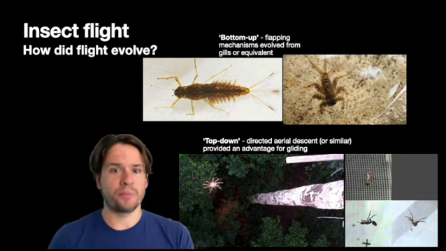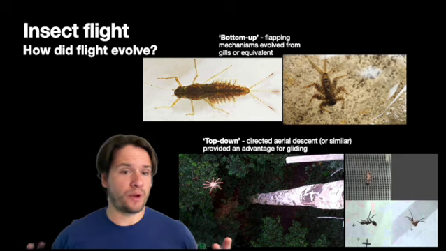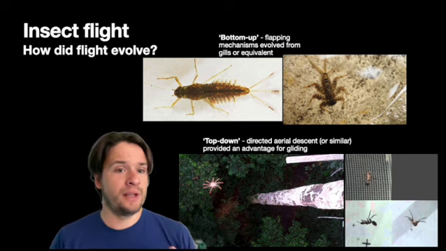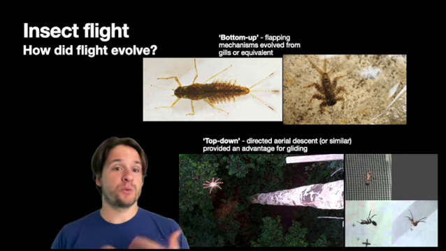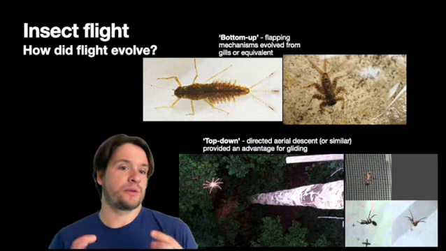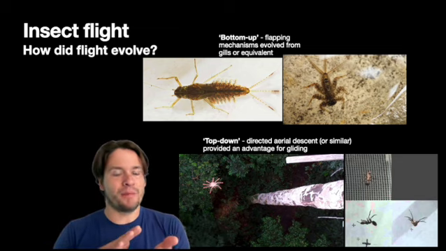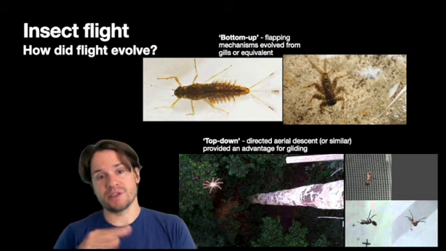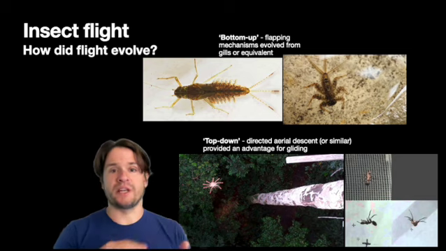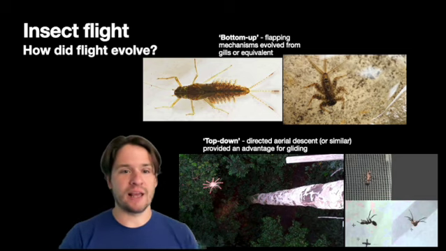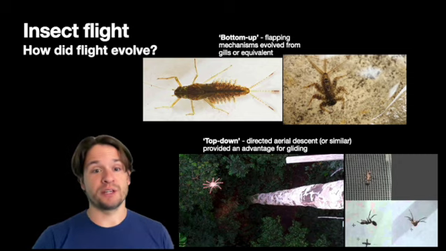It might be a little small there, but what they have are these external gills on their abdomen that they actively flap to help with water flow and gas exchange. So one idea is that that might have provided the musculature and architecture around flapping that then gets used in the next evolutionary stage to start moving across the water surface, and it basically provided that step-by-step evolution of functionality that will eventually turn into flight.